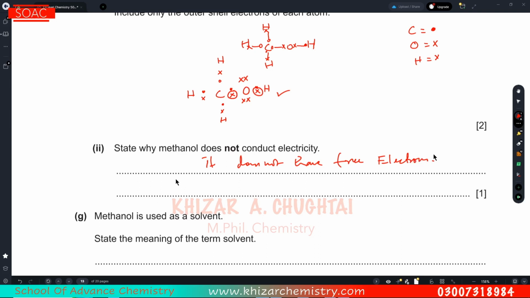You can see all electrons are bonded, not free. Or, the second option is you can write all electrons are bonded.